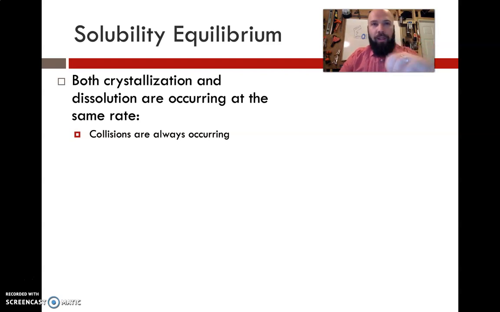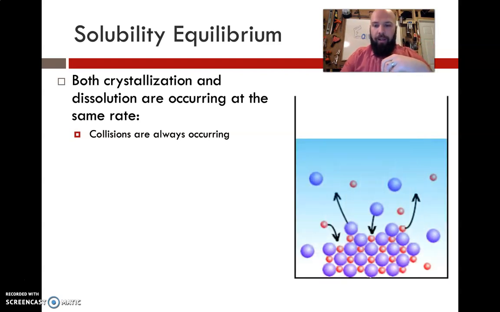So you have a solid in solution, and let's say this is sodium chloride, the smaller sodium ion that is surrounded by the water molecules may run into the solid at the bottom, and because of the ionic charges actually stick to the negatively charged chloride, but at that same rate that those cations are joining, cations from the solid are leaving and being dissolved and surrounded by the water molecules. When you reach the solubility equilibrium, this is occurring at the same rate.